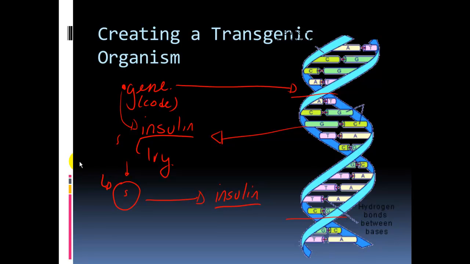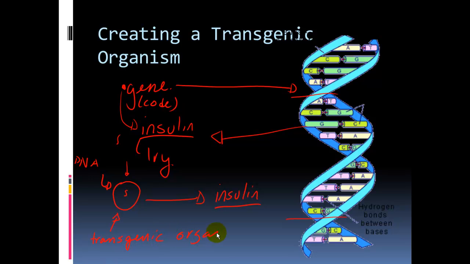And this is because DNA's code is universal. So the code in us speaks to our cells the same way that the DNA in the cell of a bacterium does. So the new bacteria that is created is referred to as a transgenic organism.